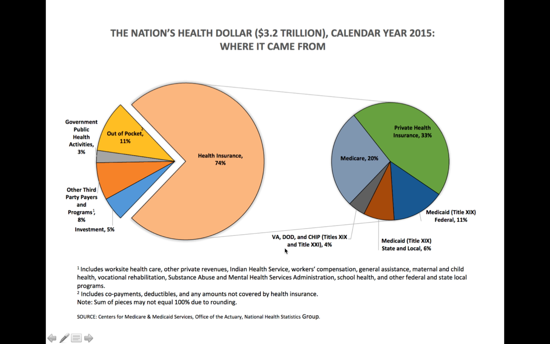You have the VA, the Department of Defense, so veterans, active enlisted, CHIP, which is child health insurance programs, and then state and local Medicaid. So again, the bulk of this is health insurance, which is why when we talk about healthcare costs, this is where it's coming from.